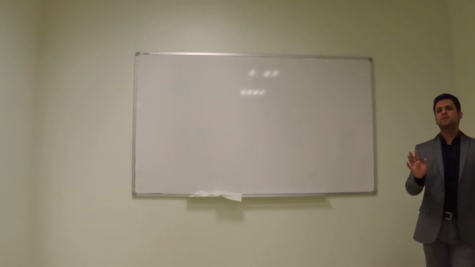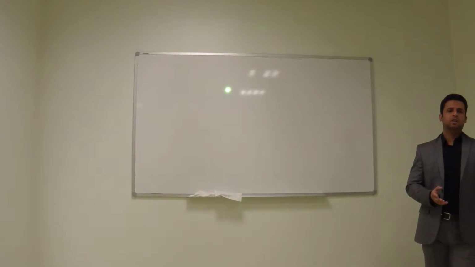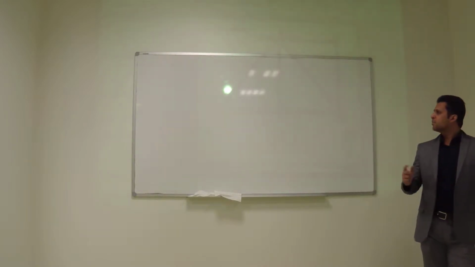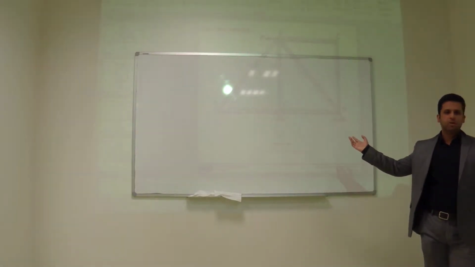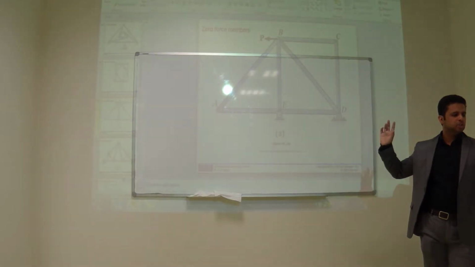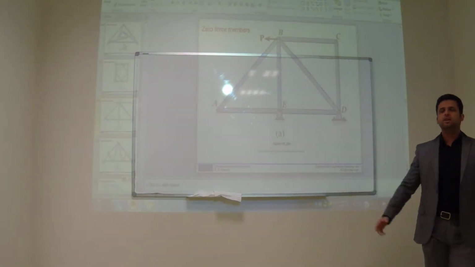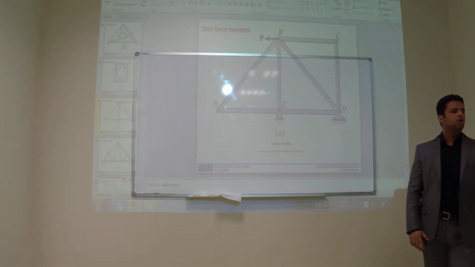If you have plenty of time, take this opportunity and solve the truss, and you can find out which members have zero forces. That is one way. Another way, which we are going to discuss right now, is that we can judge which members will be the zero force members.